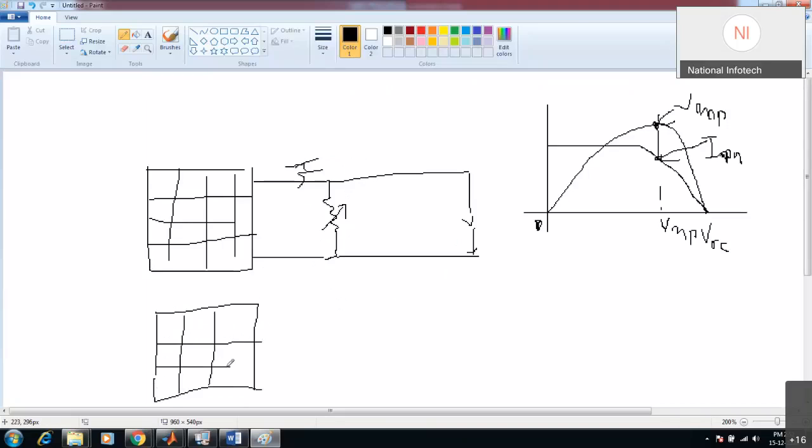That boost converter will be varying the duty cycle of the pulses, and accordingly the output voltage will be varying, and it will get the maximum power. Let me draw it properly.